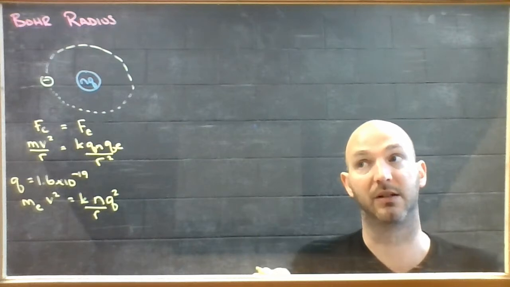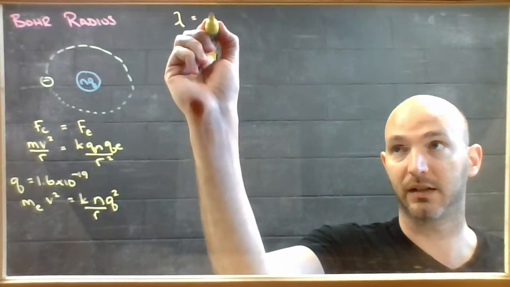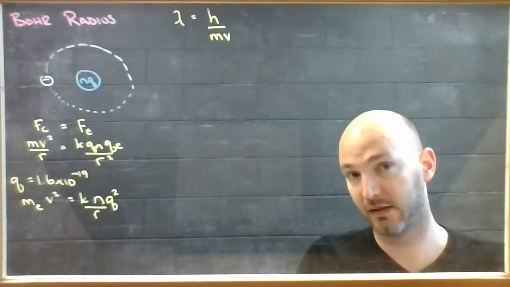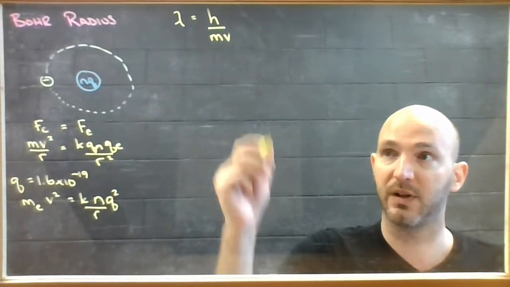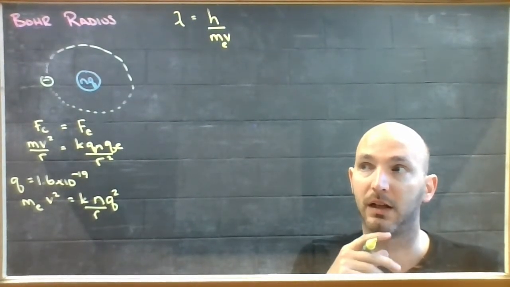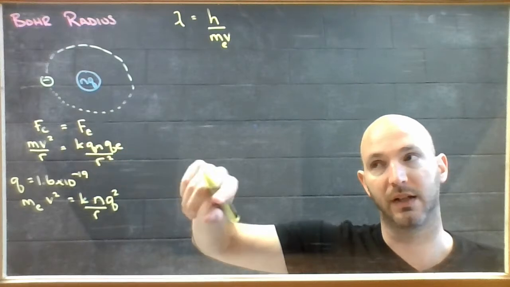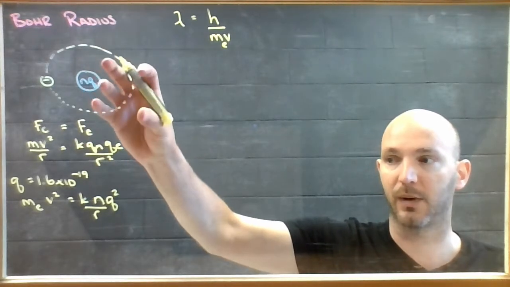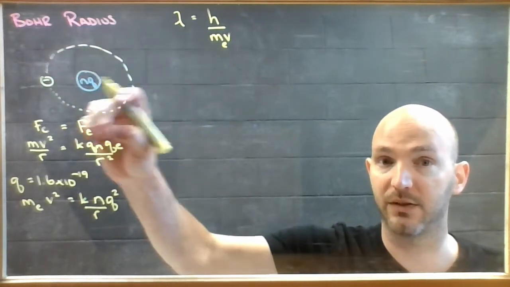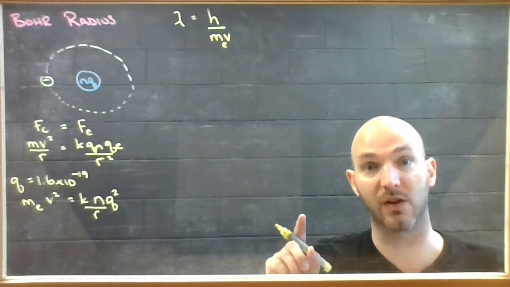If you think back to the de Broglie wavelength section, where wavelength ended up being Planck's constant divided by the mass multiplied by the speed of the particle in question. If we do that for an electron, we end up with something like this. And we briefly touched on the idea that the orbit around the nucleus of this thing has to be an integer number of wavelengths in order for that electron to positively and or constructively interfere with itself.